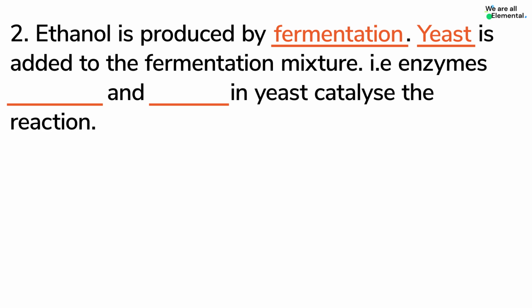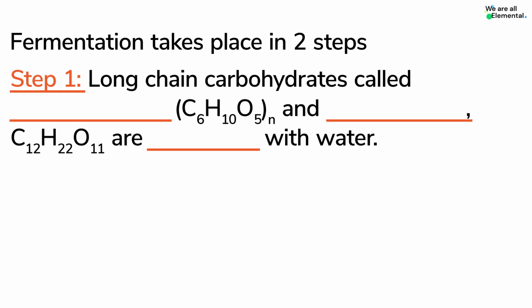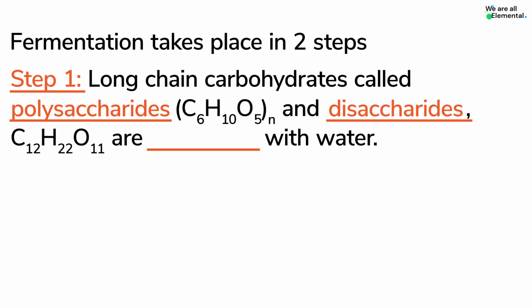Yeast is added to the fermentation mixture, and enzymes such as invertase and zymase present in yeast catalyze the reaction. Fermentation takes place in 2 steps. In the first step, long-chain carbohydrates called polysaccharides and disaccharides are hydrolyzed with water.